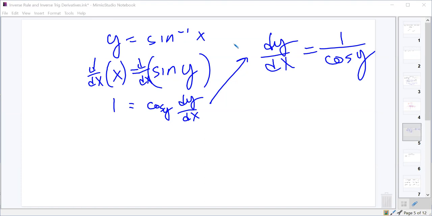All right, good. So we know that y equals the inverse sine of x. And so if we draw ourselves a right triangle, what's our angle? If x equals sine y, our angle is y.